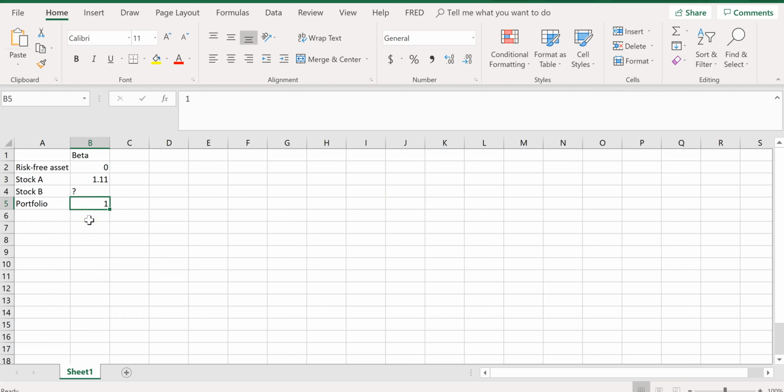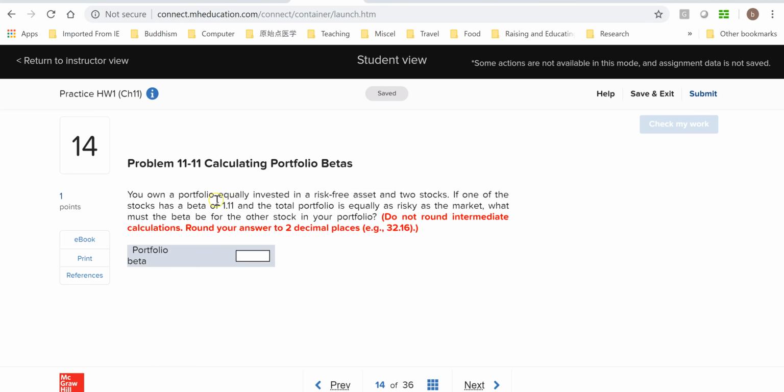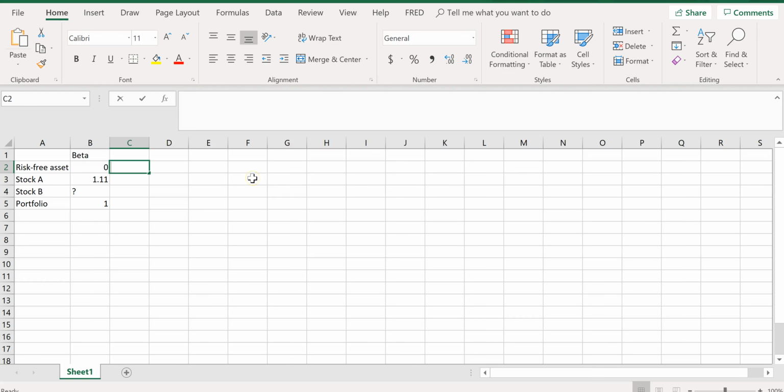And as we said, the portfolio beta is the weighted average of the betas within that portfolio, and the weight is the proportion of the wealth invested in that asset. The question tells us each of the three assets is equally invested, so the weight is 1/3 for each.